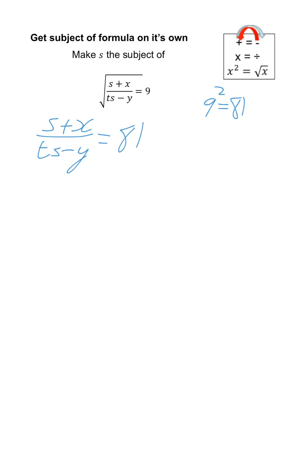Now let's get rid of our fraction. So the ts minus y will be brought up to the right and multiplied. So we have s plus x is equal to 81 times ts minus y. Next step, let's expand the brackets.